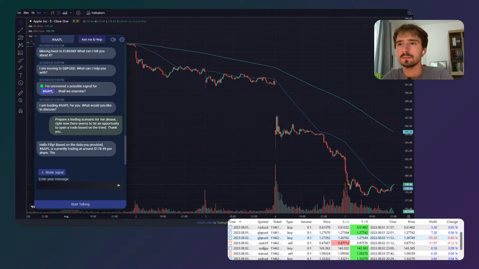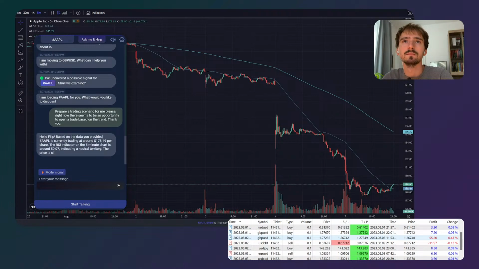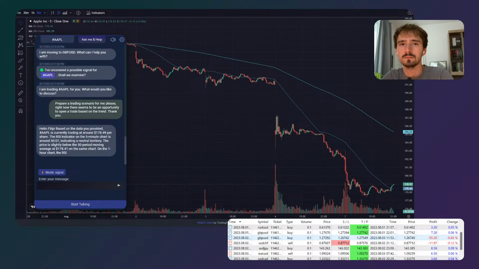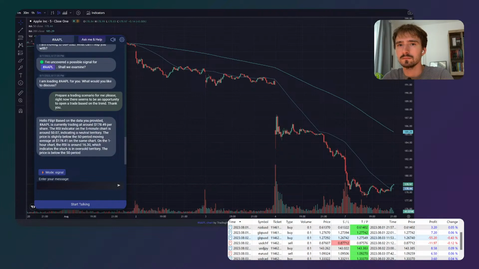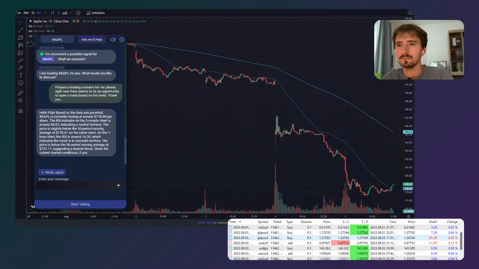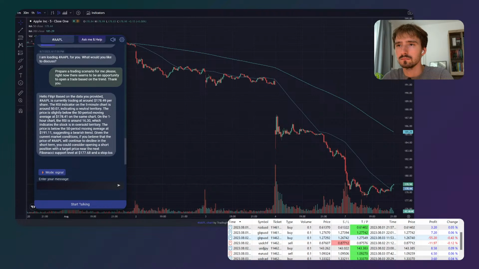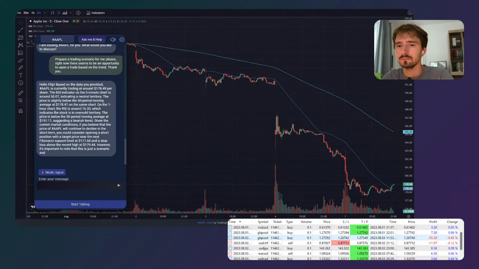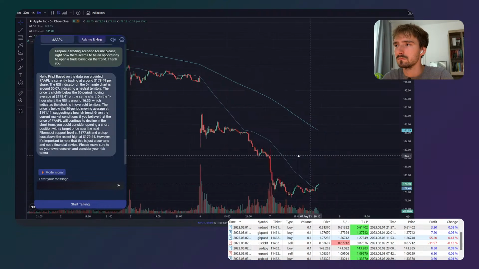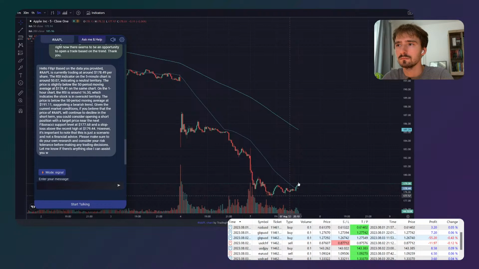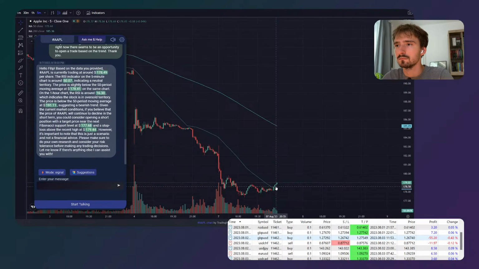Apple. Hello, Philip. Based on the data you provided, hashtag AAPL is currently trading at around $178.49 per share. The RSI indicator on the 5-minute chart is around 50.07, indicating a neutral territory. The price is slightly below the 50-period moving average at $178.41 on the same chart.